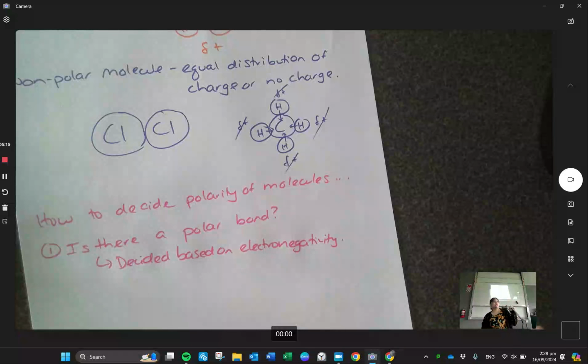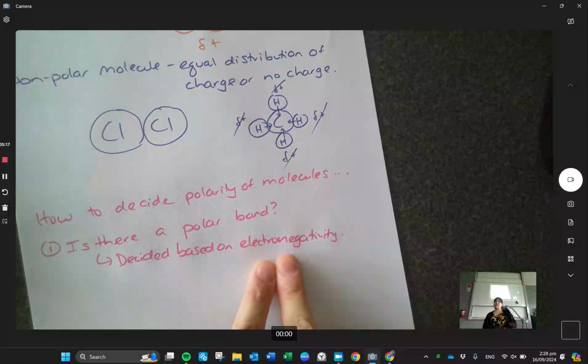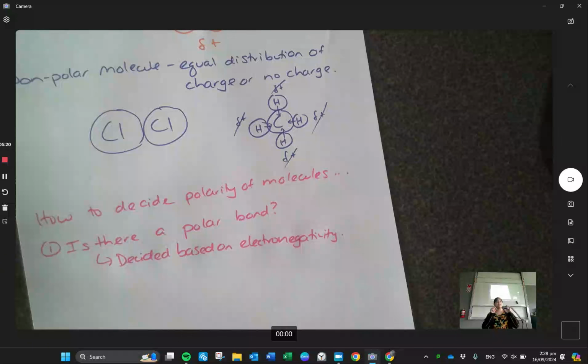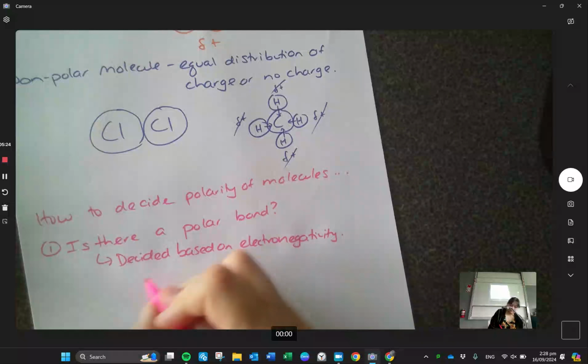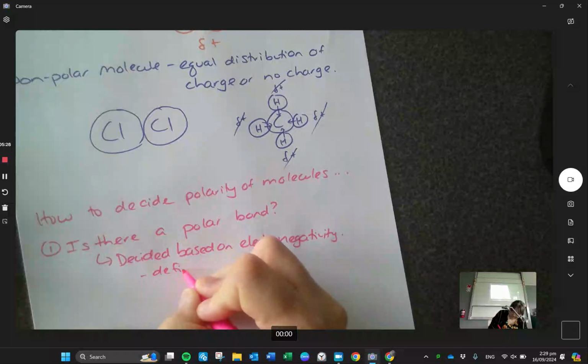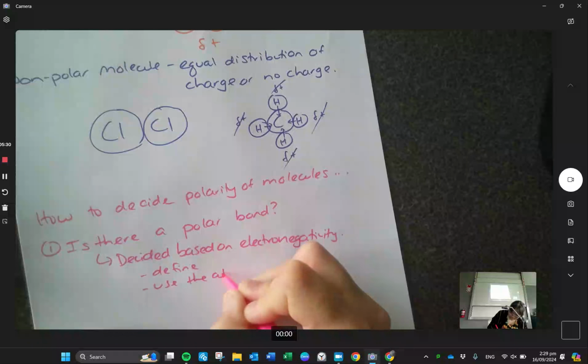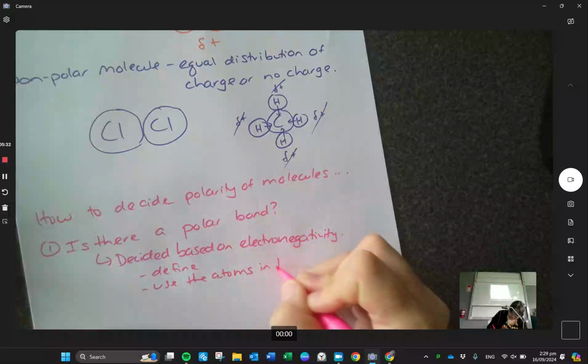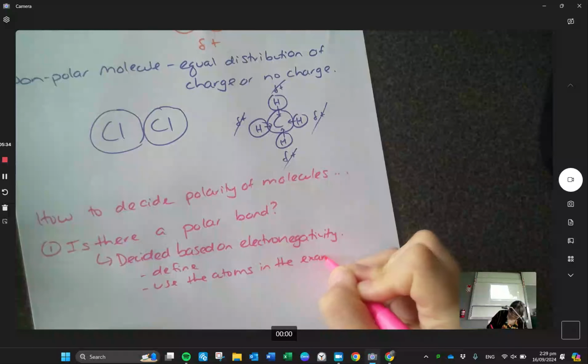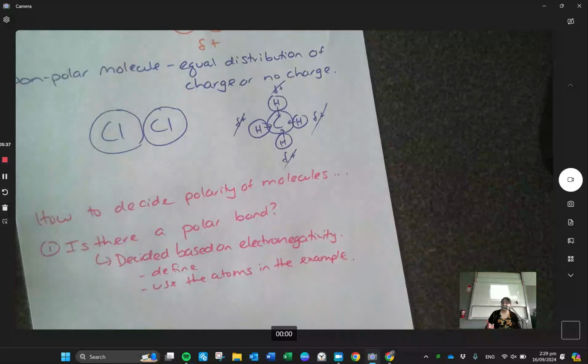Make sure when you are doing that answer, you define what electronegativity is, and you also use the examples of the atoms that are involved in that bond. Okay? So that's the first thing we got to ask.